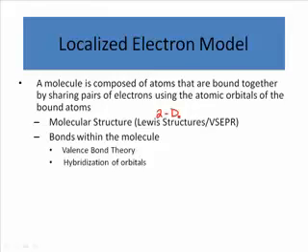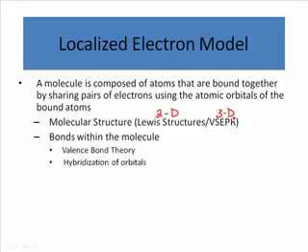This is just where we're going to be able to see the arrangement of the atoms and the electrons in the molecule. Whereas the VSEPR model is where we're going to look at the Lewis structure to determine what the three-dimensional shape of the molecule is.